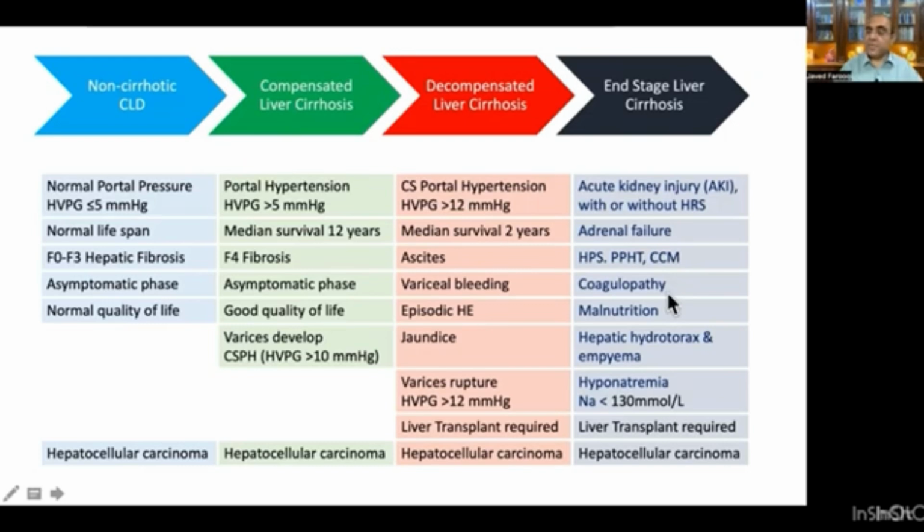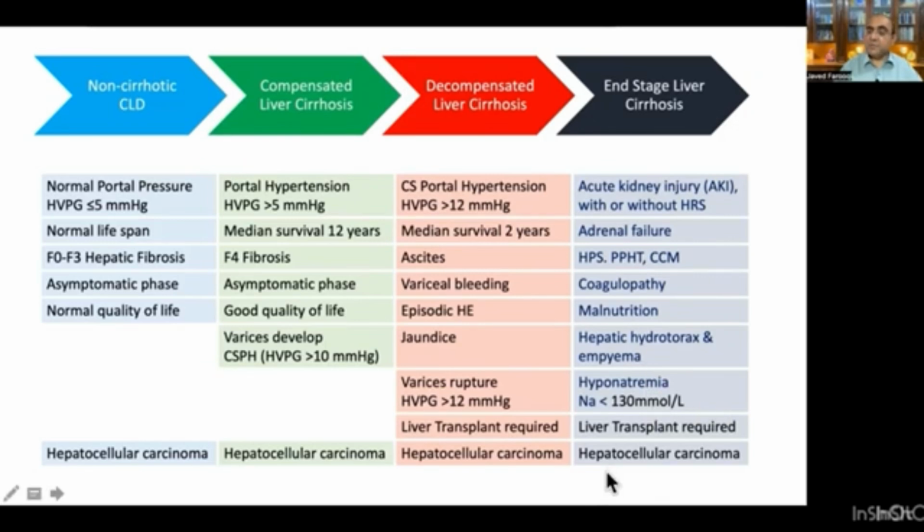Then coagulopathy, malnutrition, more pronounced in this stage, hepatic hydrothorax and empyema, and hyponatremia, the sodium being less than 130 millimole. And this is the stage when the liver transplant is required. Otherwise, the median survival is less than 2 months.